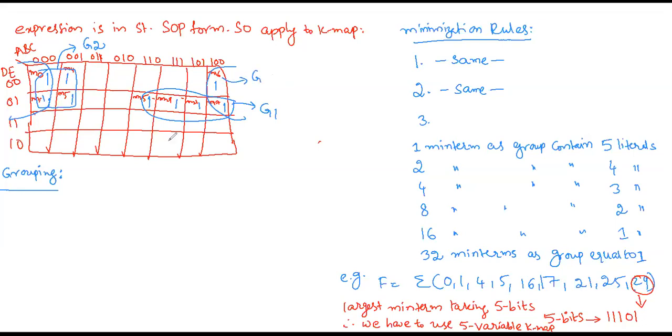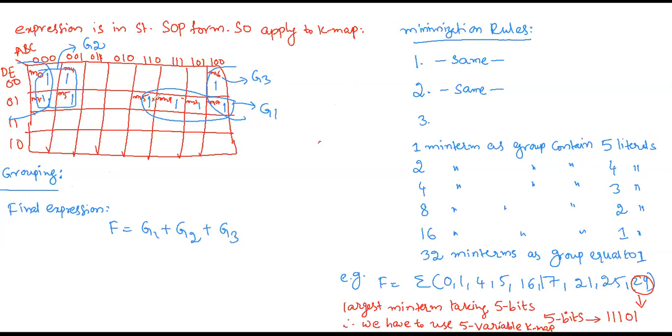This is G3. So the final expression is F is equal to G1 plus G2 plus G3.